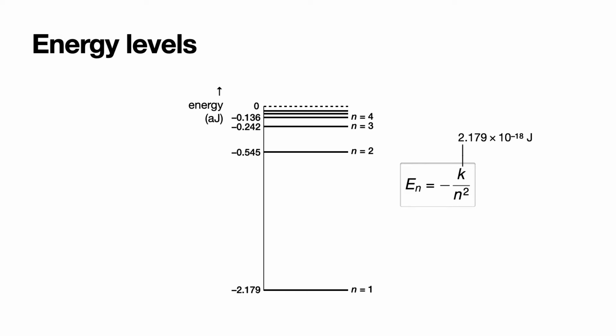So within a particular energy level, you can have several different types of orbital wave functions. The simplest type of orbital is referred to by the code letter S, and the S actually comes from the word sharp, which was used to describe atomic spectra. But if it helps, you can think of the S as standing for spherical, because S-type orbitals have a spherical shape. They look the same from every direction.